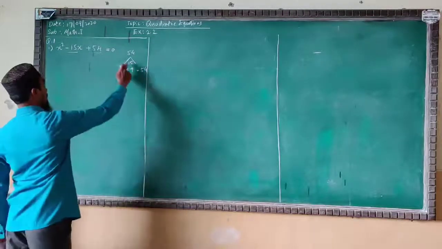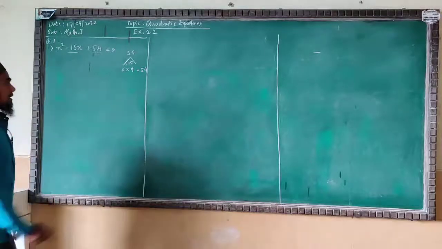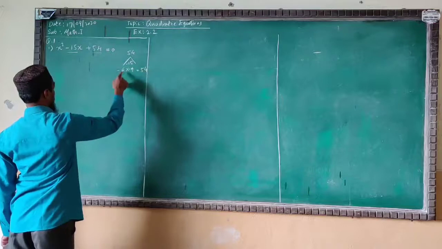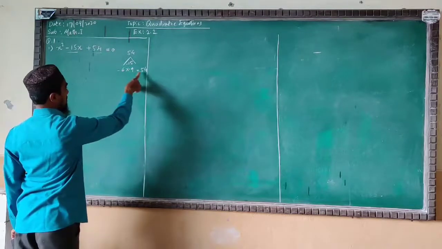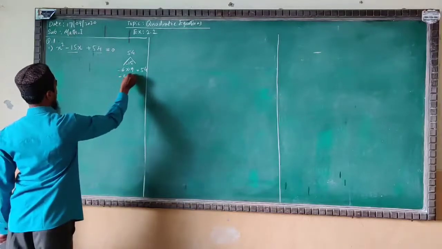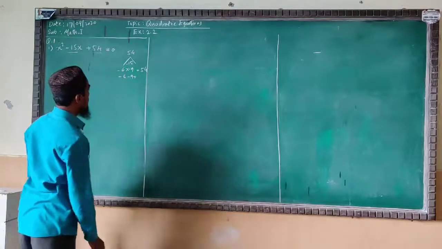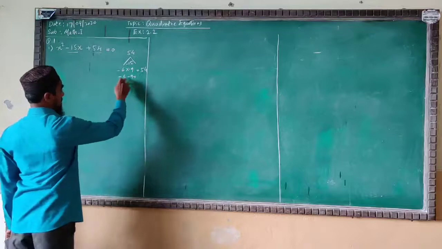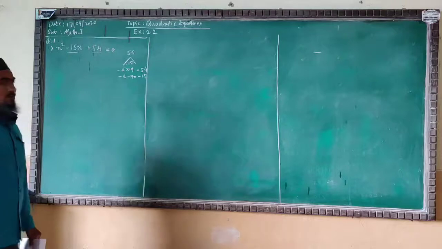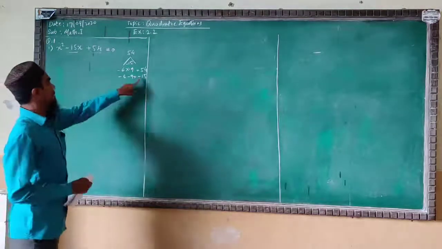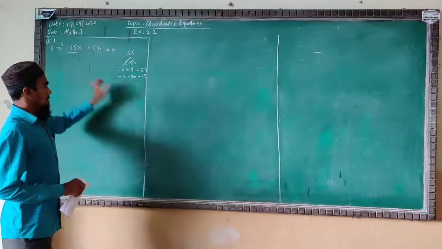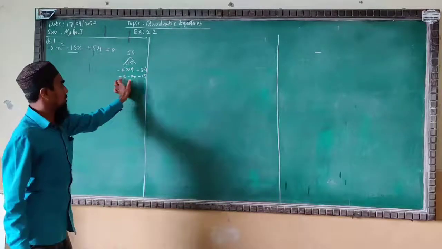What we have to bring is minus 15, so we will take the minus sign with both. Then minus 6 into minus 9 gives plus 54, and minus 6 minus 9 gives minus 15, with the greater number's sign. So we are getting minus 15 as the middle term and plus 54 as the third term. This is the correct and suitable number.